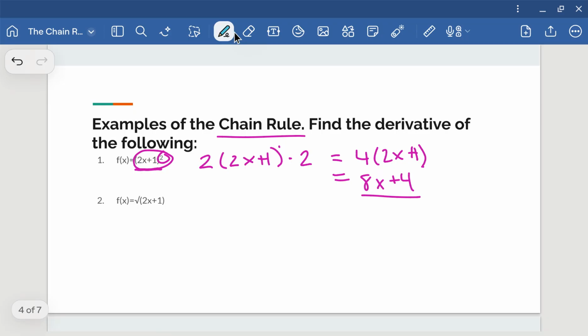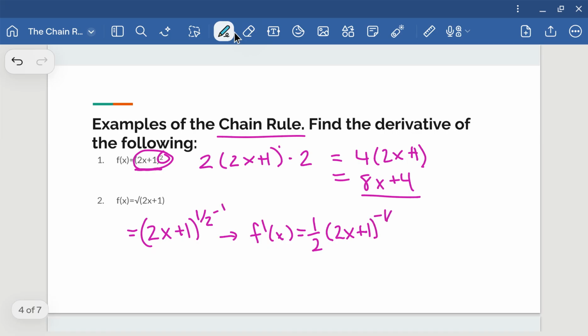One more example, if you have the root of 2x + 1, we can rewrite this as (2x + 1) to the power of a half, and then do the same thing. If we want to figure out the derivative, f prime of x would equal, we'll take the derivative of the whole thing, so bring that half out front, multiply it by (2x + 1), then we need to subtract 1 from the exponent, which is now negative 1/2, and then multiply it by the derivative of the inside, which is still just 2.